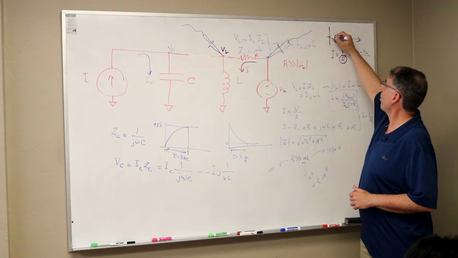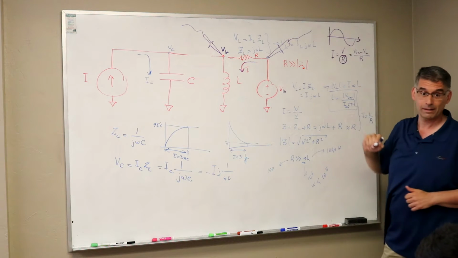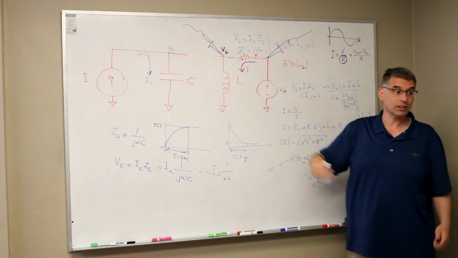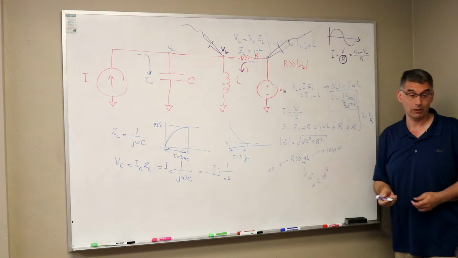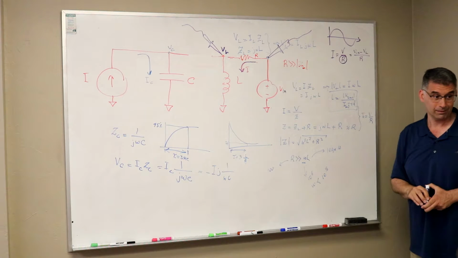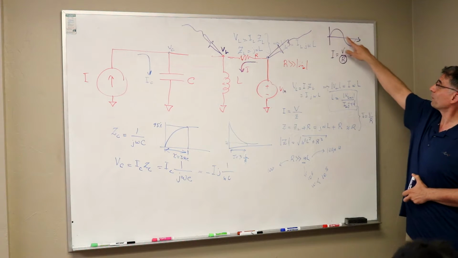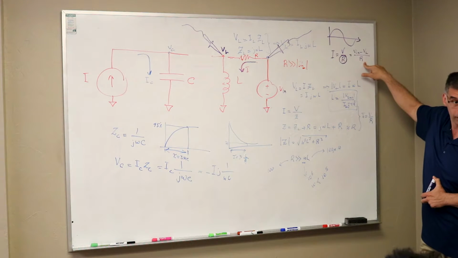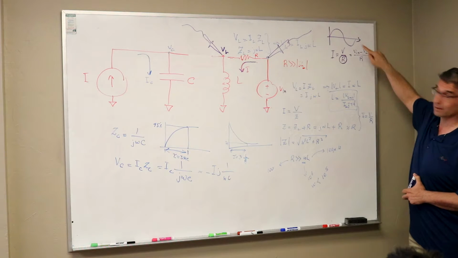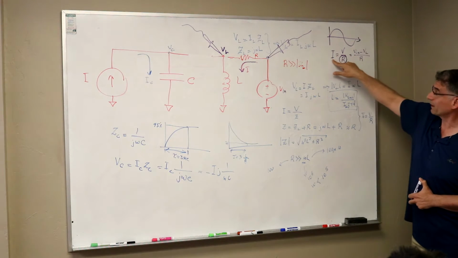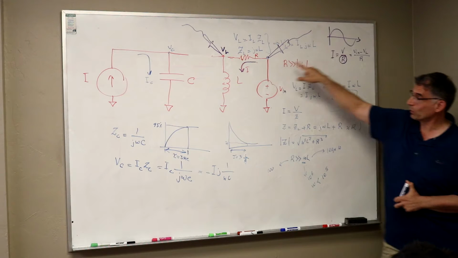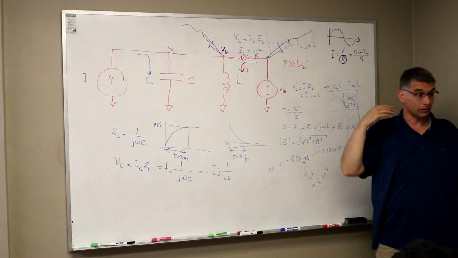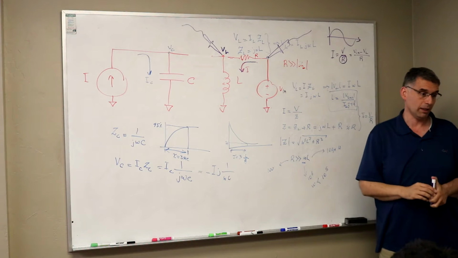So if this is the waveform for the current, V in minus VL over R, and that is the current going through the inductor, what would the waveform for VL look like?